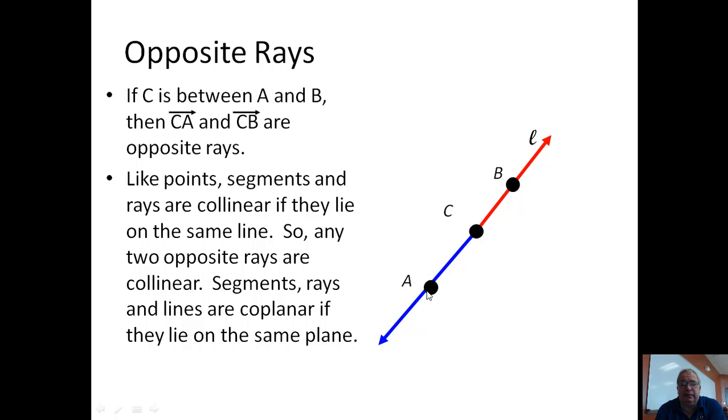Collinear means that you also see the word line in there. Co-line, same line. The points are on the same line. And then we're going to talk about coplanar, and that means the points are on the same plane. Remember before, when we were talking about the plane, those 3 points that we named the plane with weren't on the same line. That's why we were able to use those. If they're on the same line, we couldn't name our plane using those 3 points. We'd have to find another point.